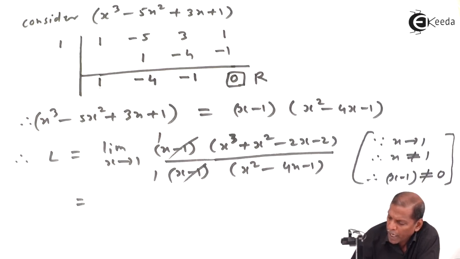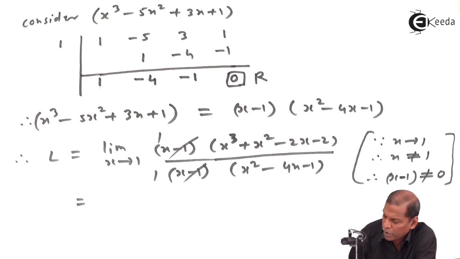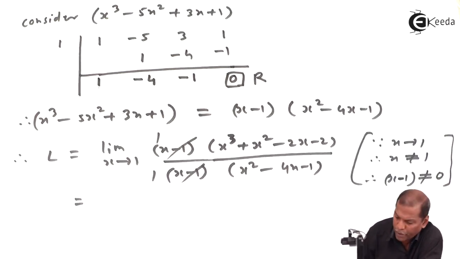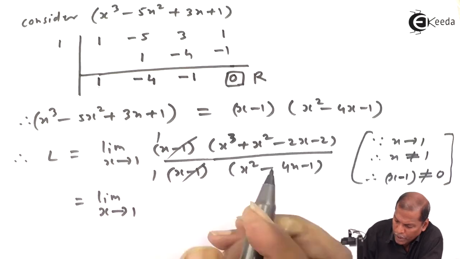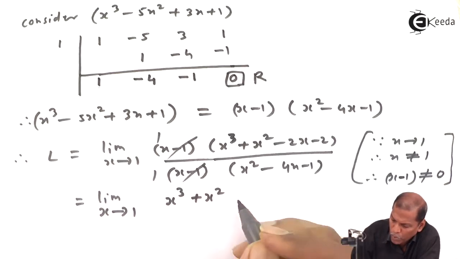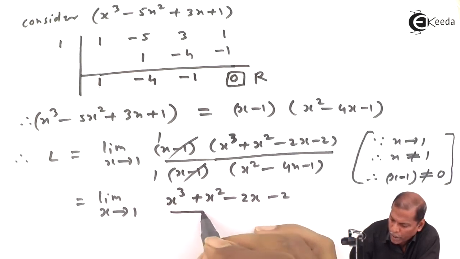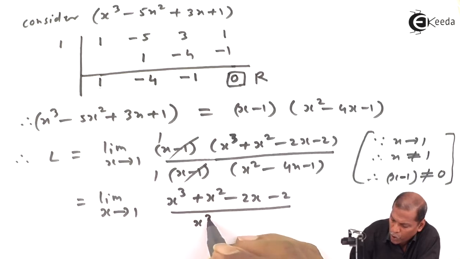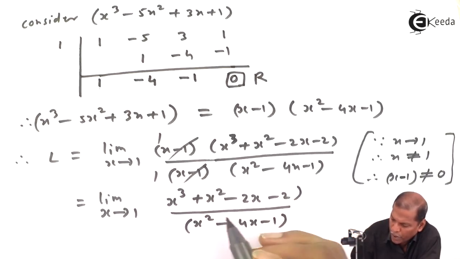It means we can cancel the term x minus 1 from numerator and denominator. So the next step will be limit x tends to 1 of x cube plus x square minus 2x minus 2 upon x square minus 4x minus 1.